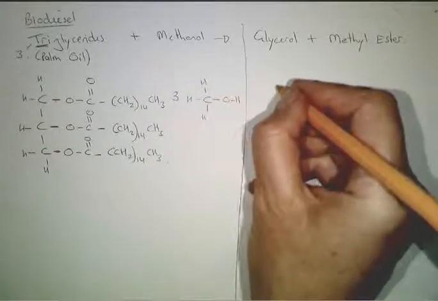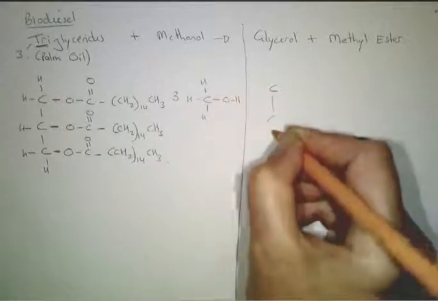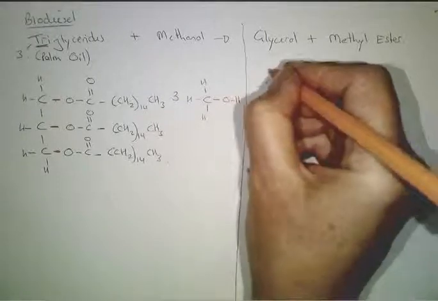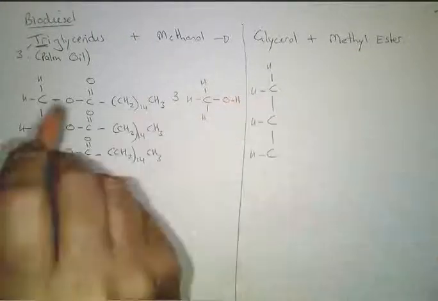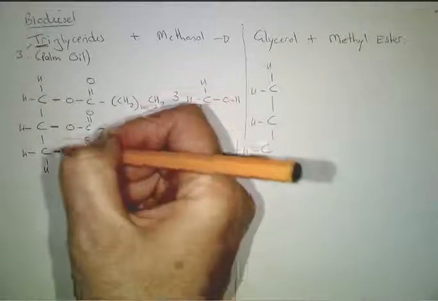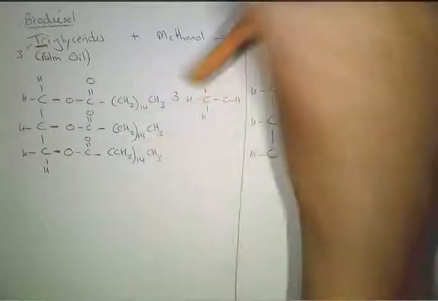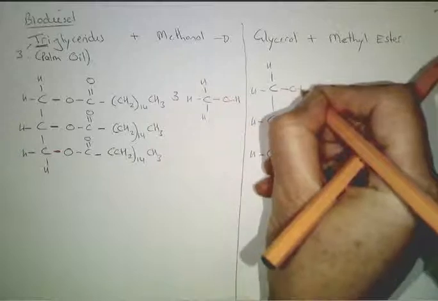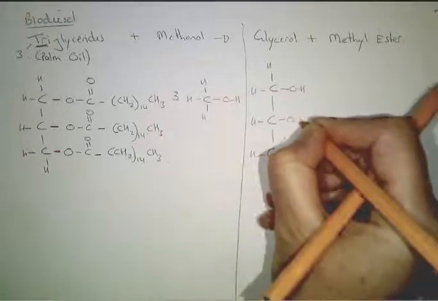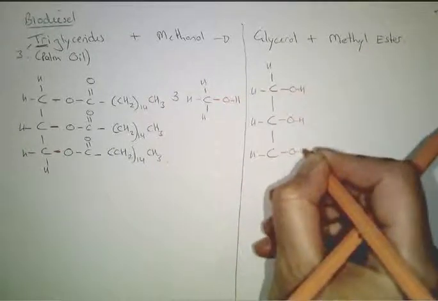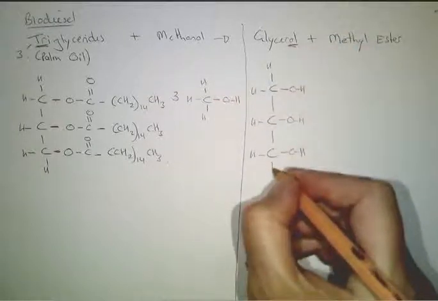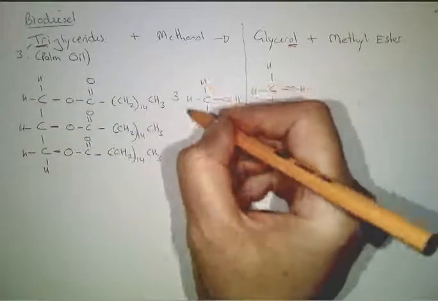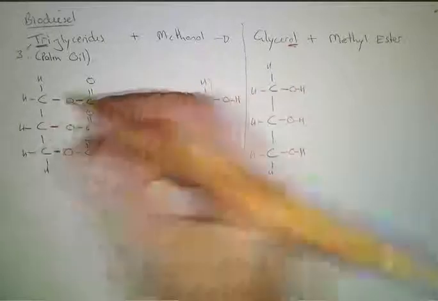Glycerol is the 3 carbon backbone, and instead of being bonded here, it's going to be bonded to the OH from the methanol, which also makes it an alcohol, hence the name glycerol. Then this CH3 group gets put on the end here.